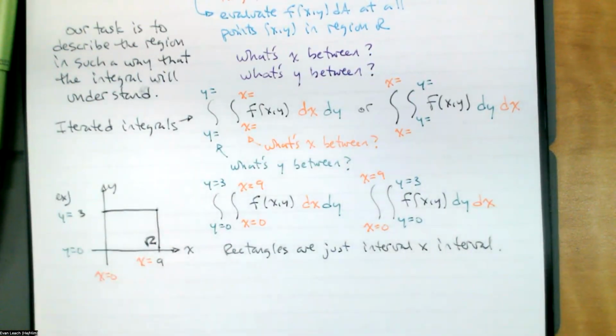It's just interval by interval. And the intervals are all... No, that's much more complicated because we would have to describe all the x's and all the y's and not have a one-dimensional thing. It'd be kind of a mess.